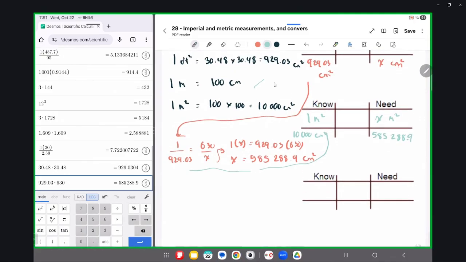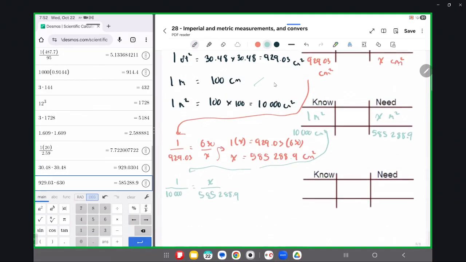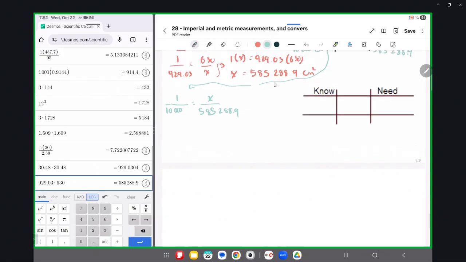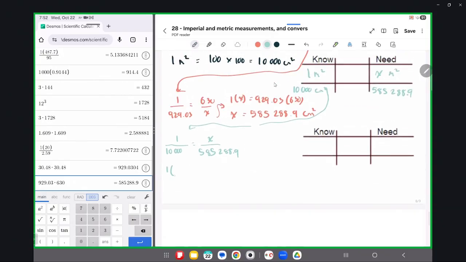And so we set up our ratio. 1 over 10,000 is equal to x over 585,288.9. We cross multiply, so we're going to take 1 multiplied by 585,288.9 is equal to 10,000 multiplied by x.